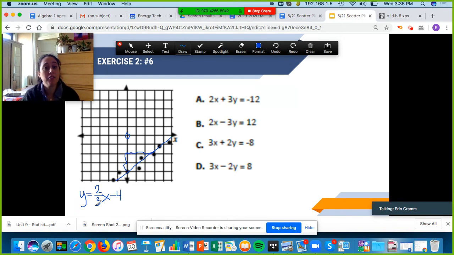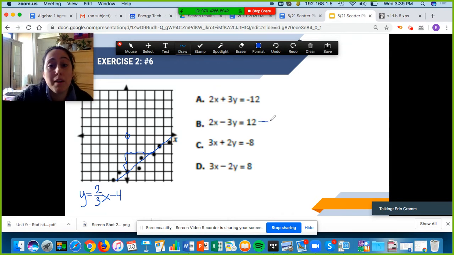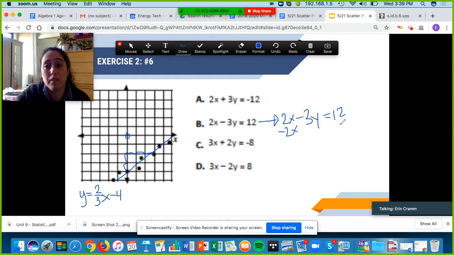So let's look at these in standard form and get it into slope-intercept form because that's just easier to see. So I'm going to try B first because I think that's what it is, but you can try others. So I have 2x minus 3y equals 12. And the first thing I'm going to do is I'm going to subtract 2x on both sides.